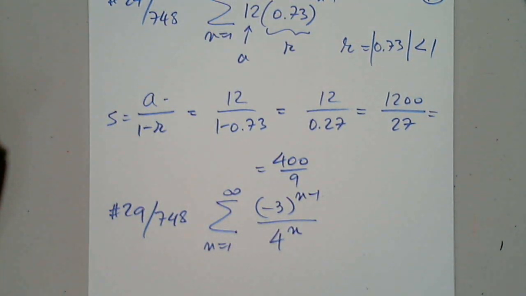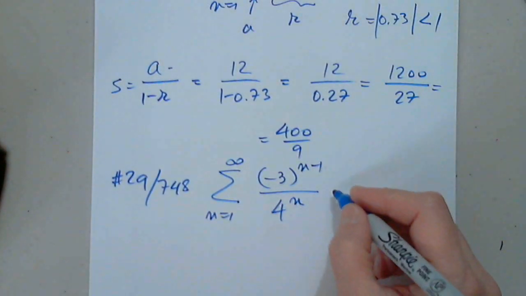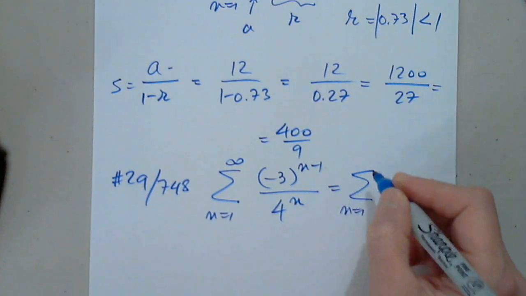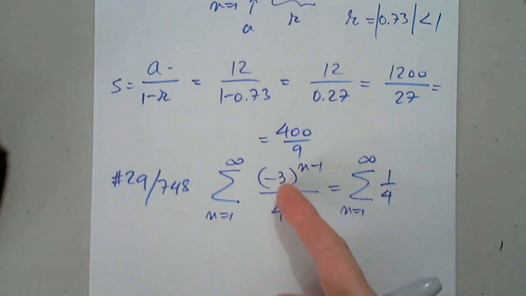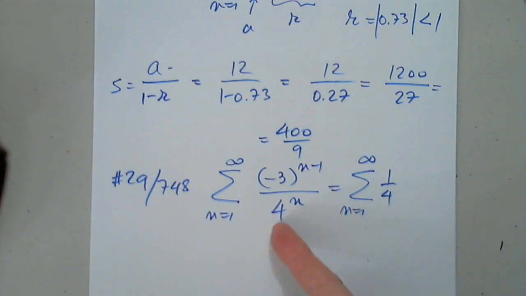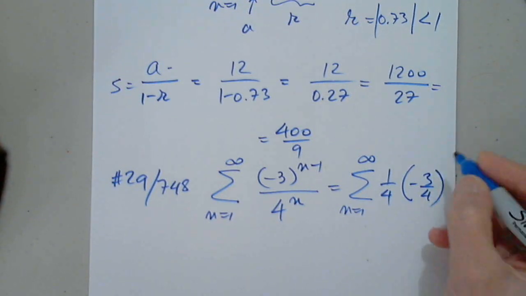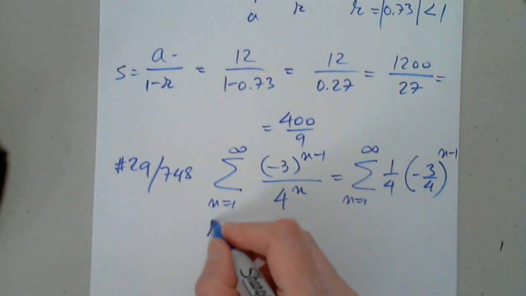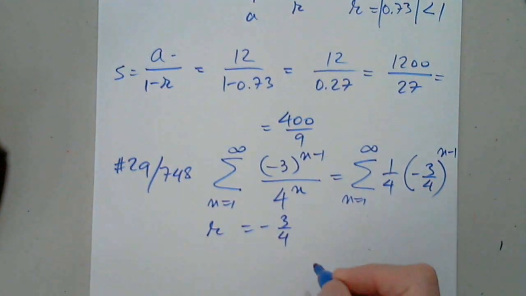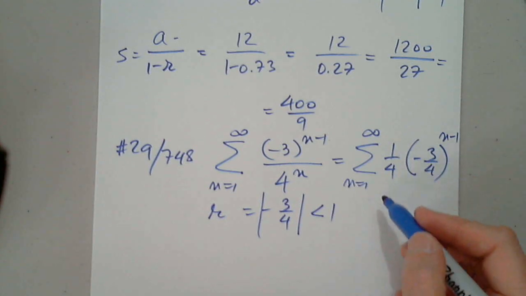So careful in this case, we have to make sure that we rearrange this fraction in this format. I will take 1/4 in front, and then I have negative 3 to the n minus 1 over 4 to the n minus 1. So negative 3/4 to the n minus 1. And this is clear now. The common ratio is negative 3/4, which in absolute value is less than 1. So the series converges.